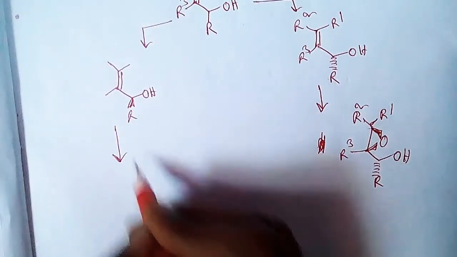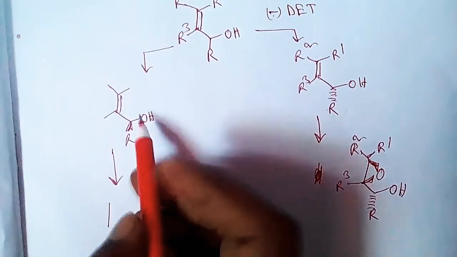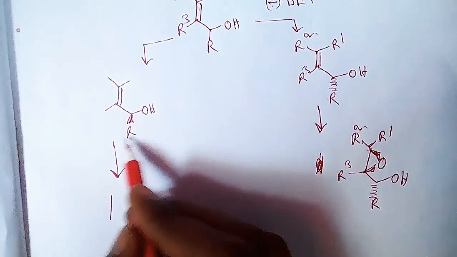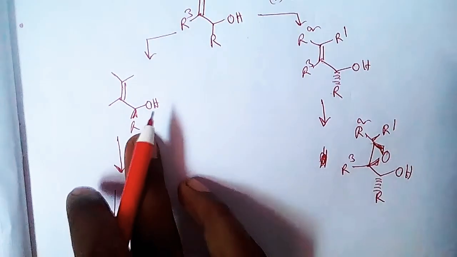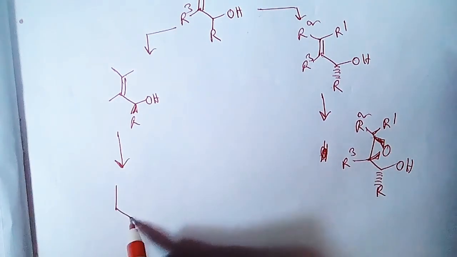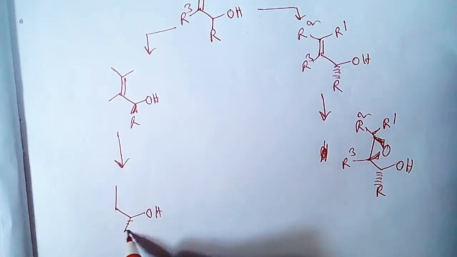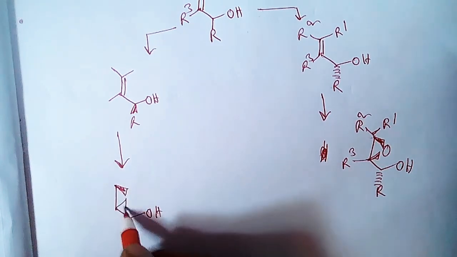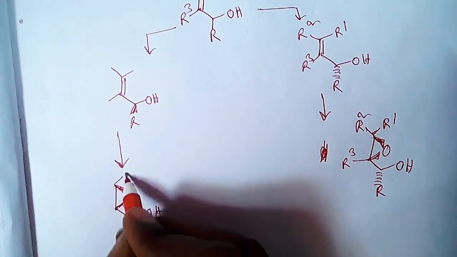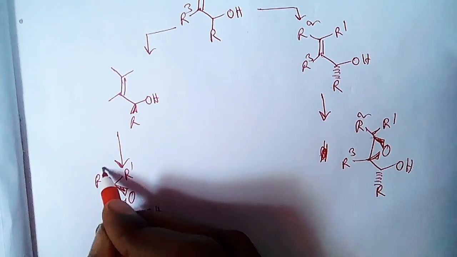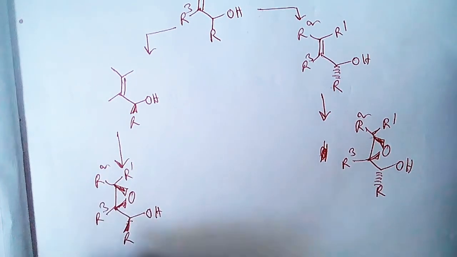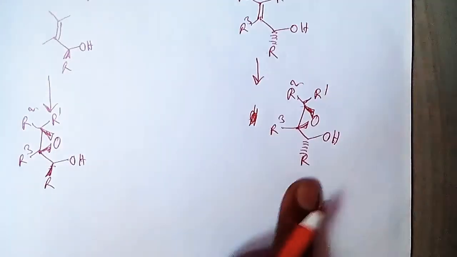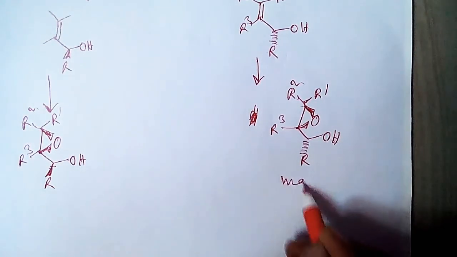In the other conformation, the reagent will also come from the upper side, but due to the presence of the R group the reaction will be hindered and the product will form on the upper side, but the ratio of the product will decrease. So through this conformation, this product will be the major product.